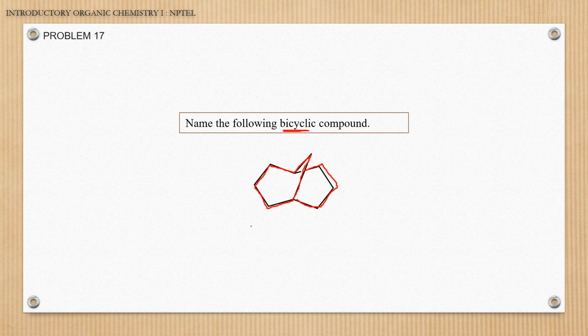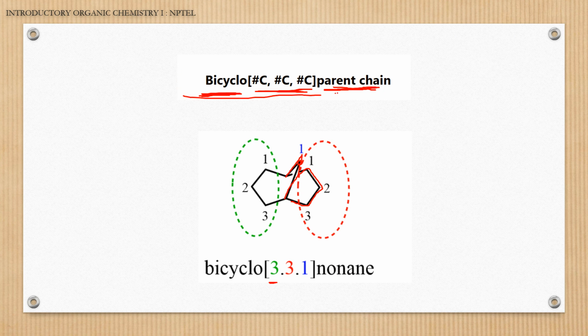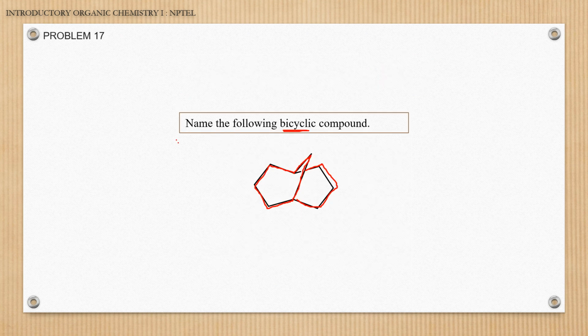This is the general nomenclature scheme which we are using for these kind of compounds. You have to first write bicyclo, then you have to number the carbons present in each ring. So now 1, 2, and 3. This ring has 3 carbons. Now the middle ring has only 1 carbon.